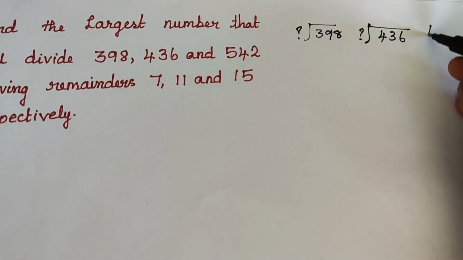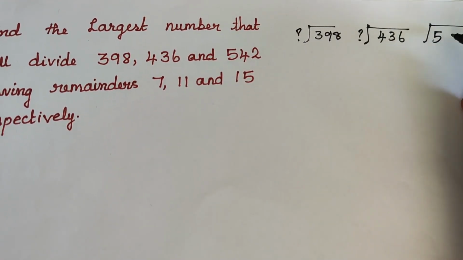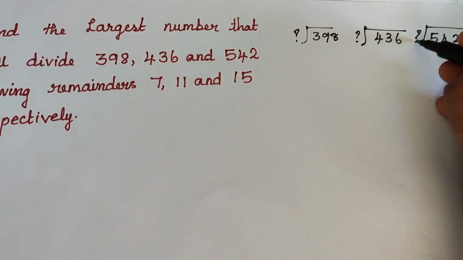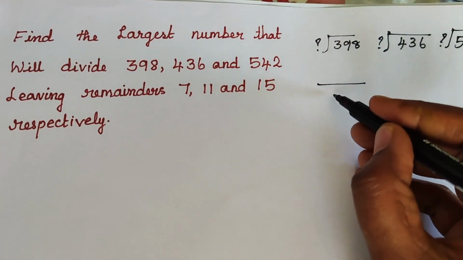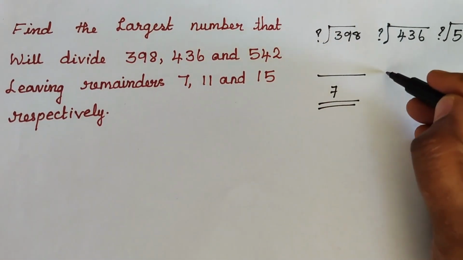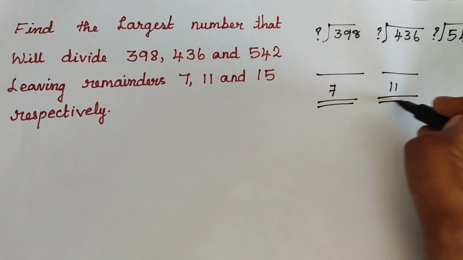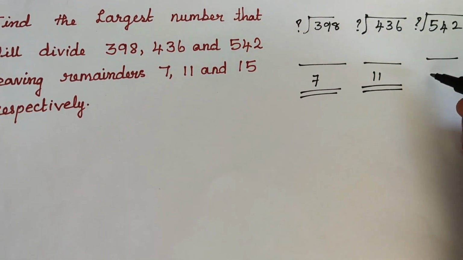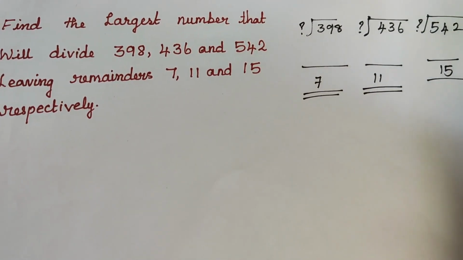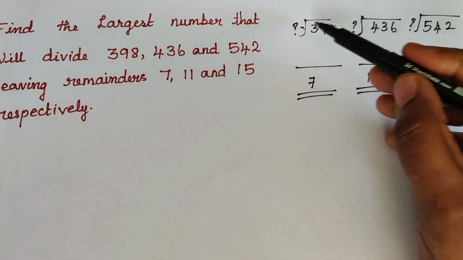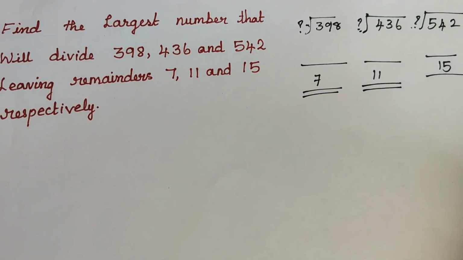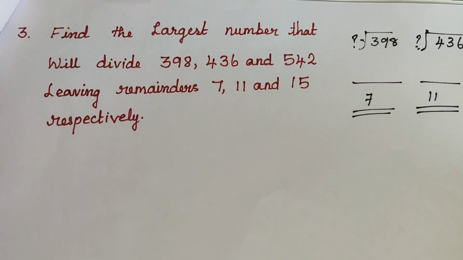And the same number divides 542, and in first case it leaves a remainder 7, and in the second case it leaves a remainder 11, and in the third case it leaves a remainder 15. So what is that common divisor or common factor, or we have to find out the HCF.